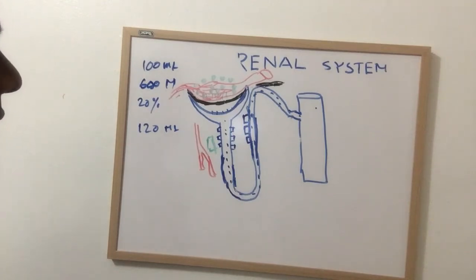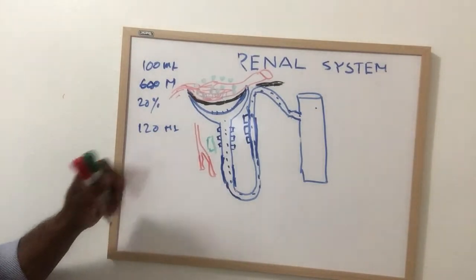A healthy kidney can produce pure urine also, per minute.